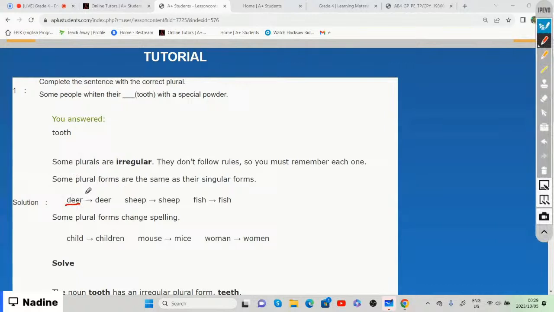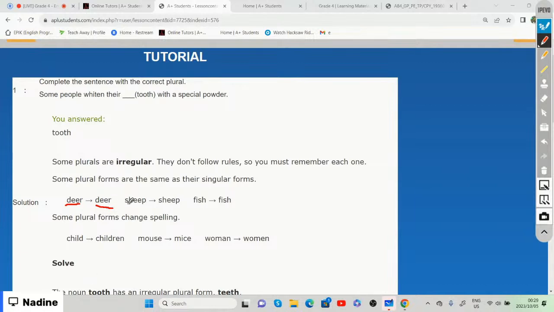But now if we want to say that there are three deer running there, a deer is a deer. One deer, many deer.